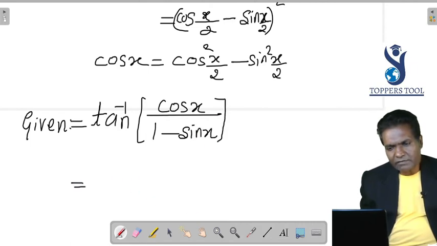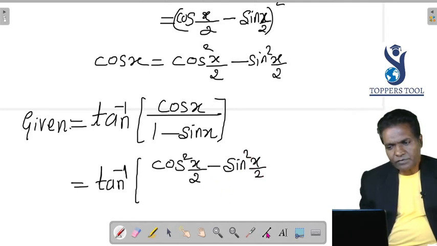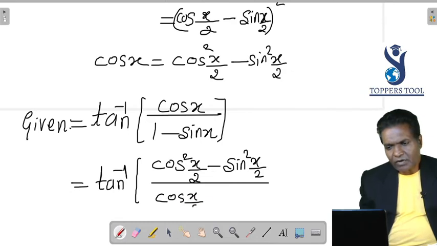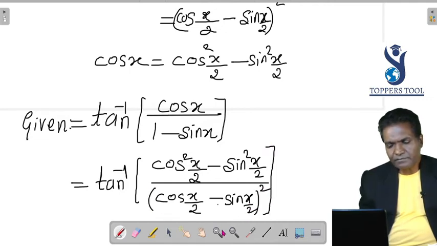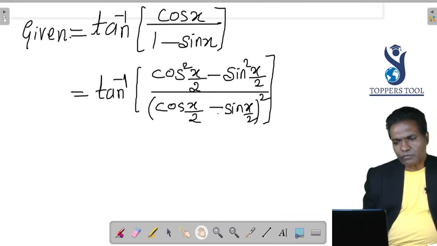We have this is tan inverse of, okay, cos x means cos square x by 2 minus sin square x by 2, divided by 1 minus sin x, which means it is cos x by 2 minus sin x by 2 whole square, as I proved here.